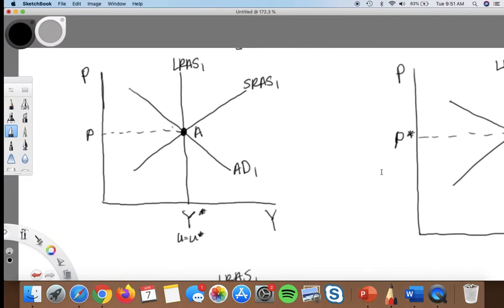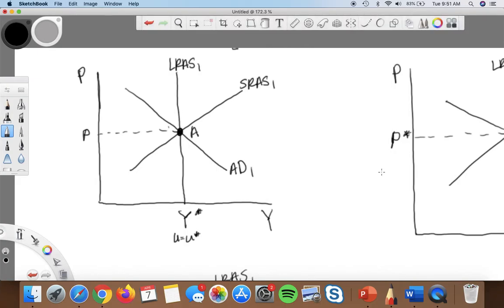So if I were to use this model to predict what is happening in the US economy in response to coronavirus, I would say two things. First is that aggregate demand is decreasing. And I also think short-run aggregate supply is decreasing. I'll tell you why.